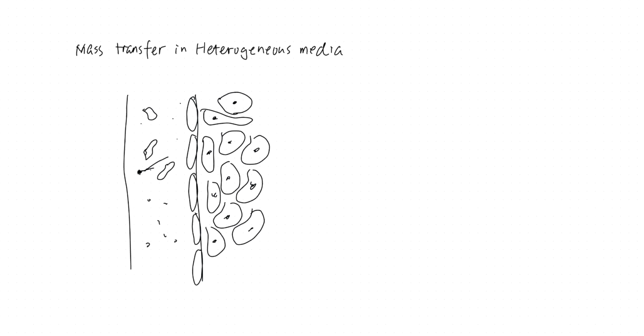Or if it just goes through the plasma, then it has its own diffusion coefficient. Then it needs to go through the blood vessel, which is like a porous membrane. The blood vessel has pores on it, as we discussed in early lectures, and the pore itself presents a different diffusion coefficient compared to the plasma.